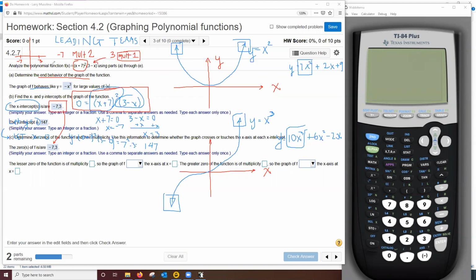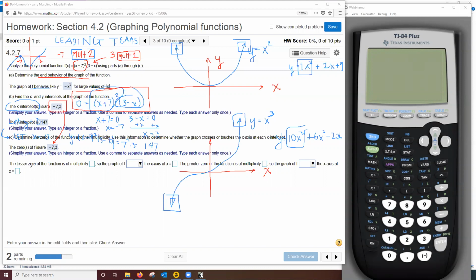So I know here for this x-intercept, the graph just crosses through. When it's multiplicity 2, if the multiplicity is an even number, that says the graph touches the x-axis and turns around. So maybe this graph does something like this. It comes up, touches, doesn't go through the x-axis, instead it turns around.